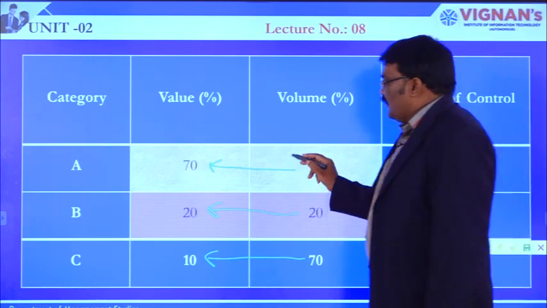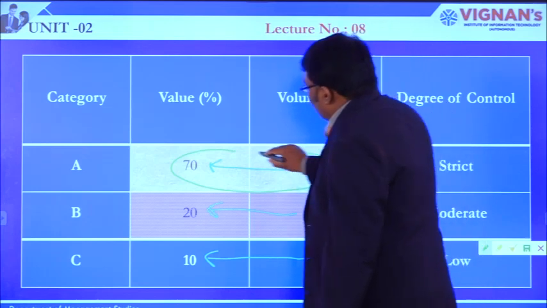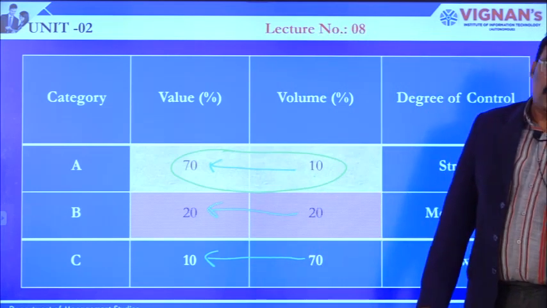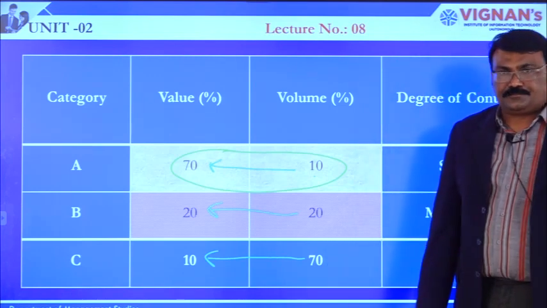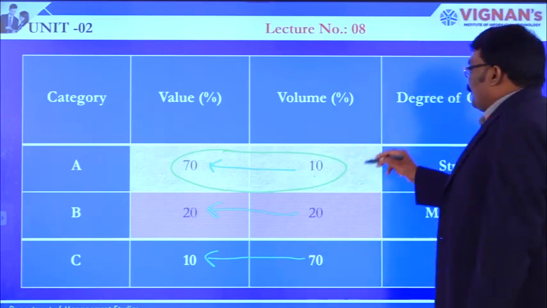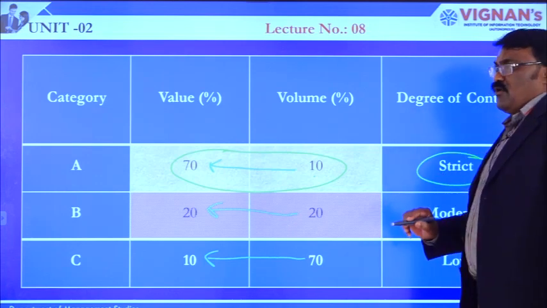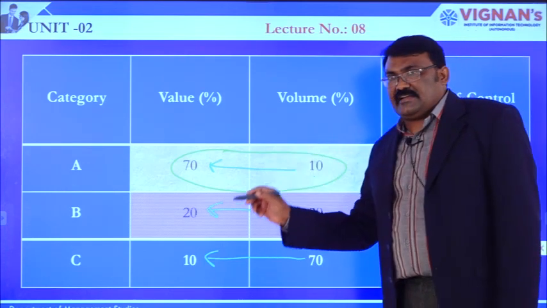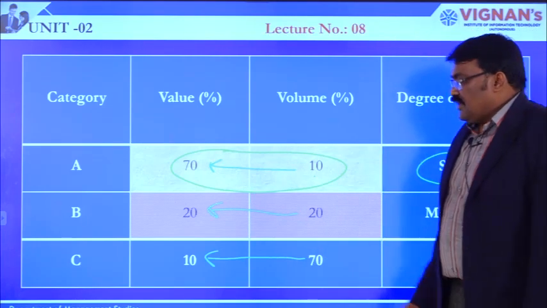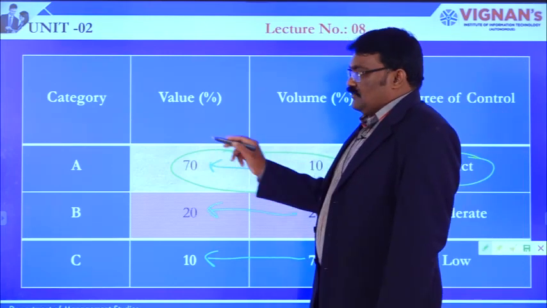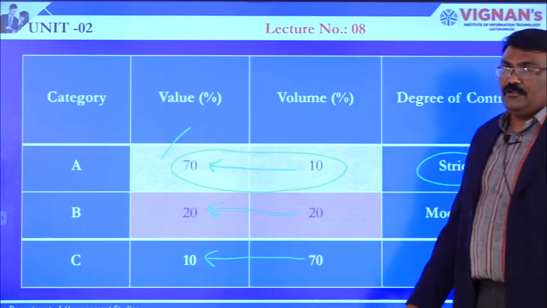So, among this, the most important first priority will be given to the 10% volume that carries 70% of the value. Now, how much importance are we supposed to give? A will be given very strict importance. That means the concentration of the organization will be very high at this level, because they will be concentrating on the A category of raw material, which is 70% of the value.